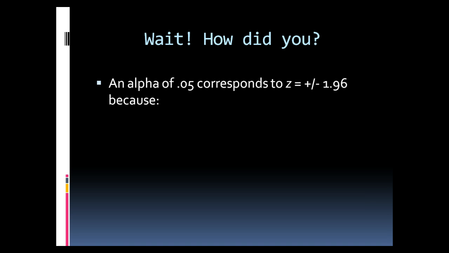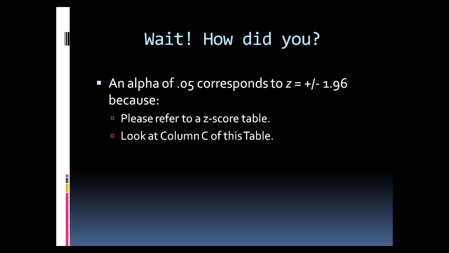So how do you know that an alpha of 0.05 corresponds to a z-value of plus or minus 1.96? You refer to a z-score table. No fancy math there. You look at column C of the table and find the probability of 0.025. And why 0.025? Because in a non-directional test, you take the alpha level that you've decided, which most commonly is 0.05, and divide it by 2.